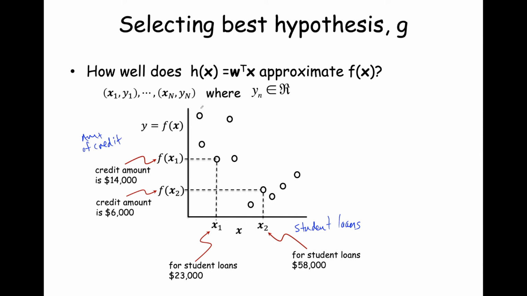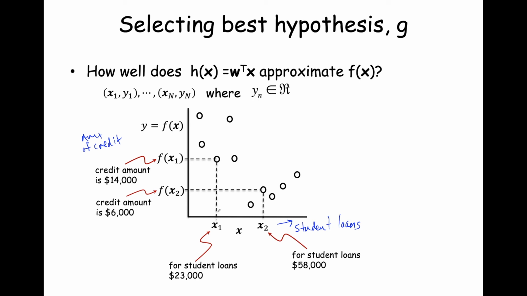And so as you can imagine, the larger the student loans, the less disposable income you have available to pay back the loan, and therefore you're at greater credit risk and you'll get a smaller amount of credit extended. And the smaller the amount of student loans, you'll have more of your income available to pay back the credit from the bank, the credit line, and therefore your credit line will be larger.